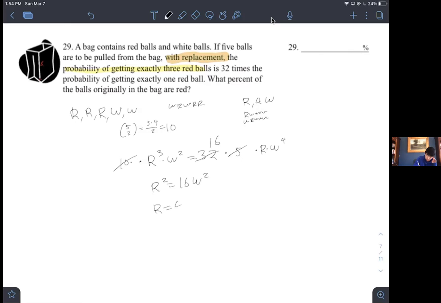So R equals 4W. And so that means that the probability of getting a red is 4 times the probability of getting a white. And since the red and white should sum to 100%, R plus W equals 5W equals 1. So W equals 20% and red equals 80%.